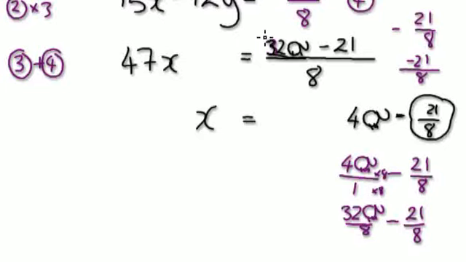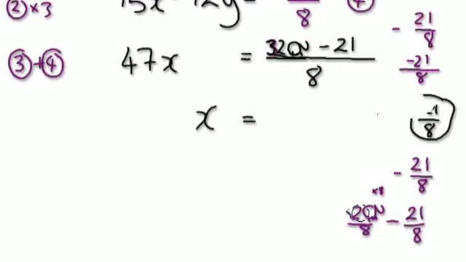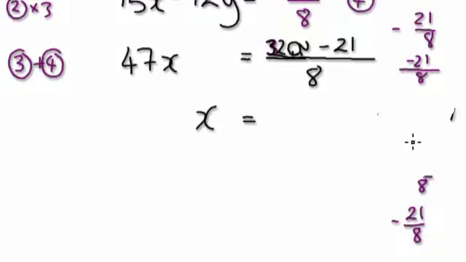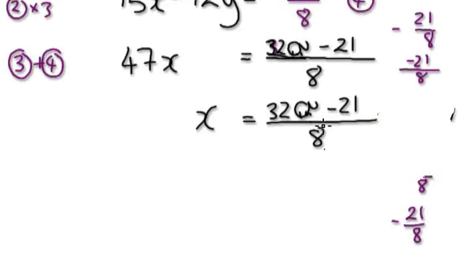So x equals, well, take this whole thing down. Hang on, let me clear this up. So what you do is you take that whole thing down: 32 elephants take away 21 over 8.